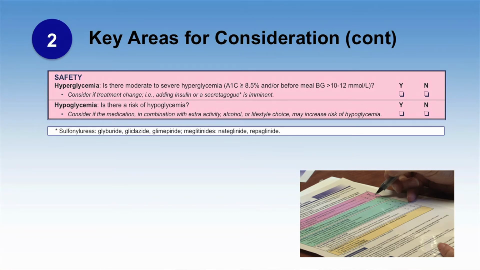If you're planning on doing a treatment change, if you've just added a secretagogue, or you're considering adding insulin because of hyperglycemia, all may be indications for testing. If there is a worry or concern about hypoglycemia, either the patient is giving you a history of that, you've added a secretagogue, you've added a second medication to a secretagogue, and you have concerns, again, may be an indication for testing. But that's about it.